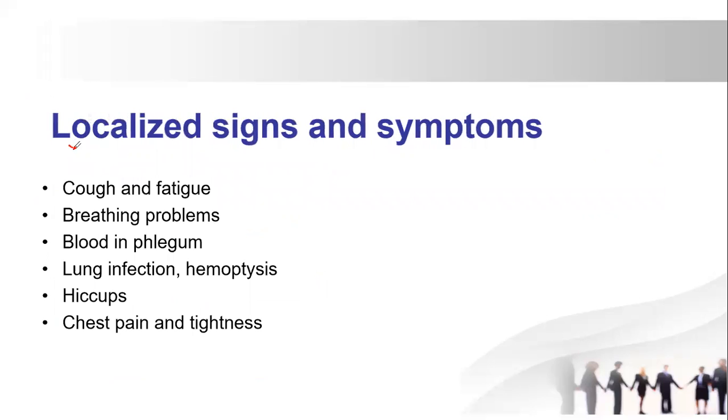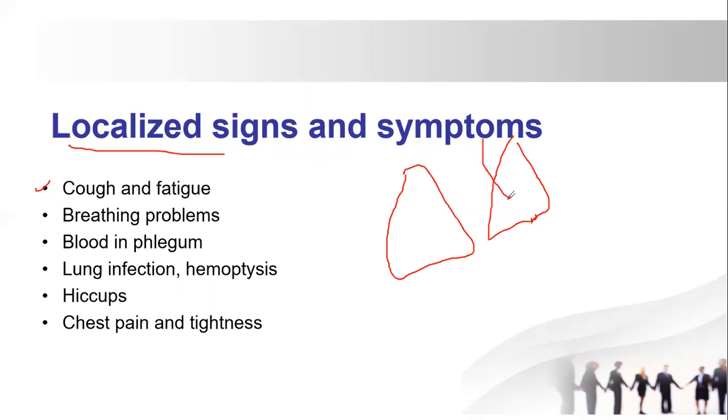So what are some localized signs and symptoms? Suppose this is the lungs, and as the cancer develops there in the lungs, the main feature and main symptoms will be mainly in the lung parenchyma.